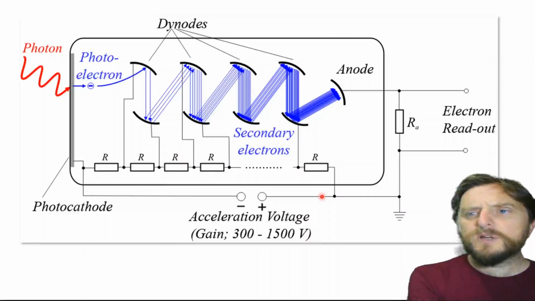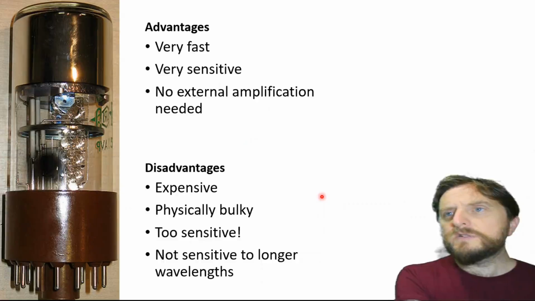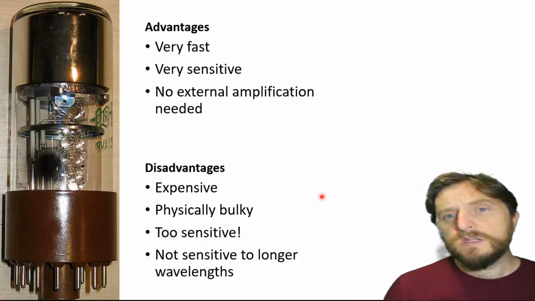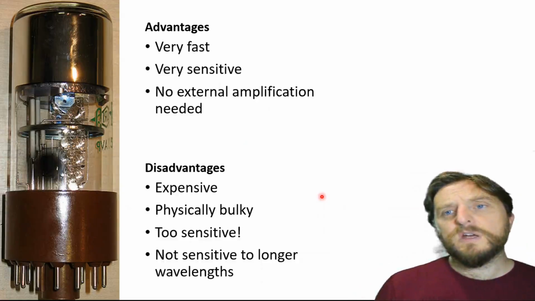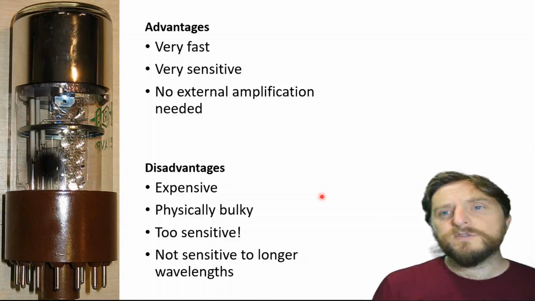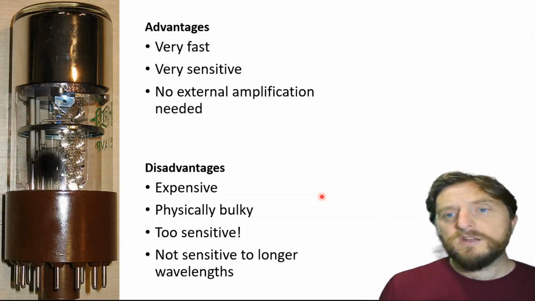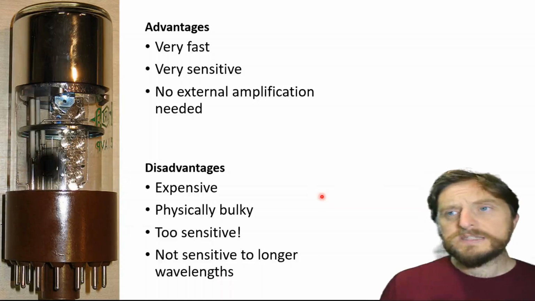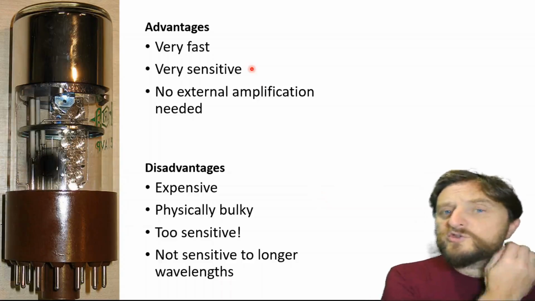So the photomultiplier is still very widely used, and has several advantages. It's very fast, so it responds in nanoseconds to the absorption of the photon. The delay is from the electrons going through each of the stages, but that's still just nanoseconds. They're extremely sensitive, as I said.